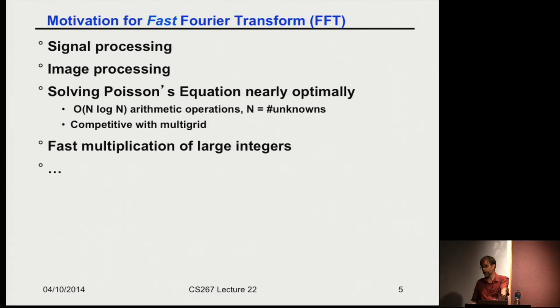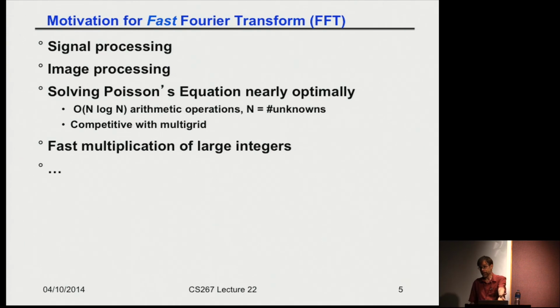And this is not quite optimal: it's going to be an n log n algorithm instead of an order n algorithm to solve Poisson's equation. But the constants are such that it's quite competitive with multigrid. And depending on your platform and the dimension and how many processors you have and all of that, this might win to solve Poisson's equation on a perfectly regular mesh, or multigrid might win.